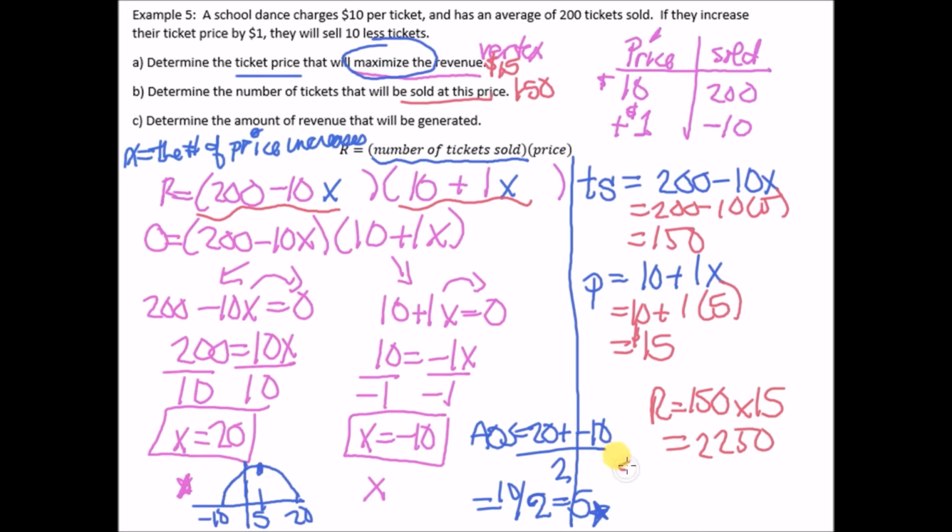Therefore, 5 price increases will maximize revenue. The revenue will be $2250, the ticket price will be $15, and they will sell 150 tickets.